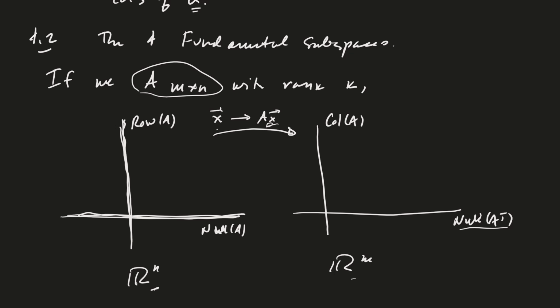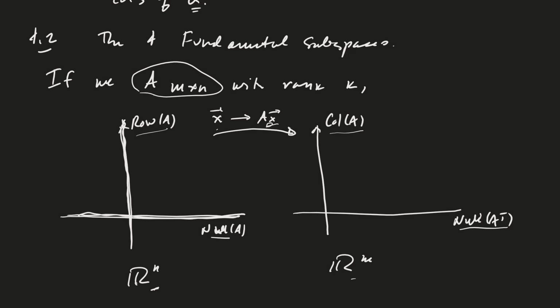Now, do you remember what these are? Actually, it's pretty straightforward. For the row space and the column space, the row space is the set of all linear combinations of the rows of A. The column space, what would you suppose that is? It is the space of all linear combinations of the columns of A. Good.